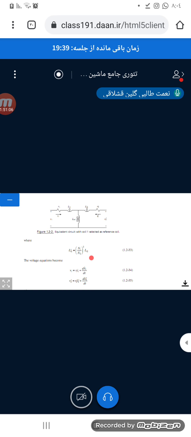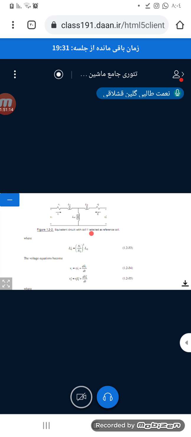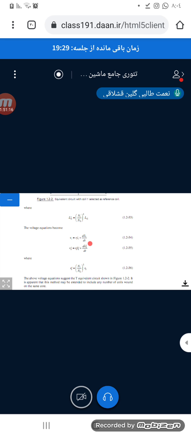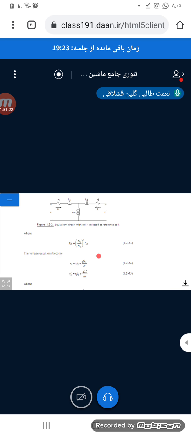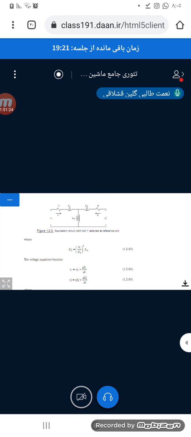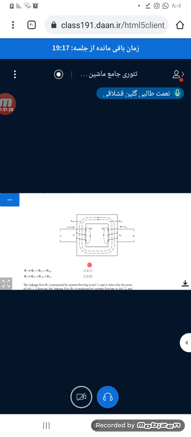Okay. When I reach the simulation part of the course, I will try to explain the concept of simulation. But here I can say that this is a simple single phase transformer. Okay?